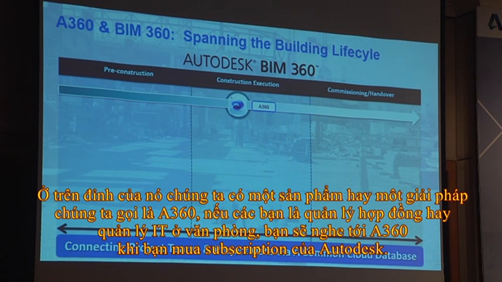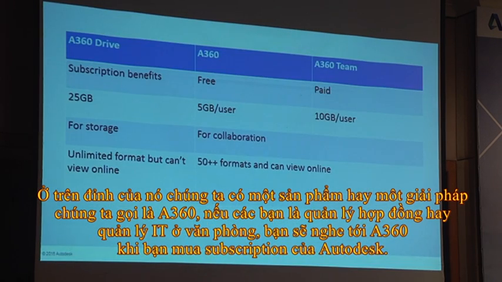On top of that, we have one solution that we call A360. If you are the contract manager or the IT manager in the office, you might have heard about A360 when you purchase a subscription with Autodesk.